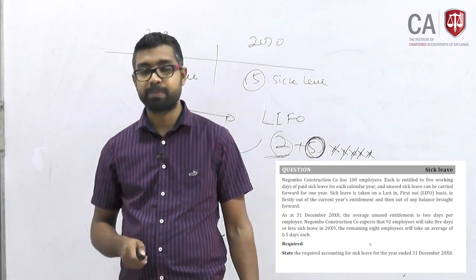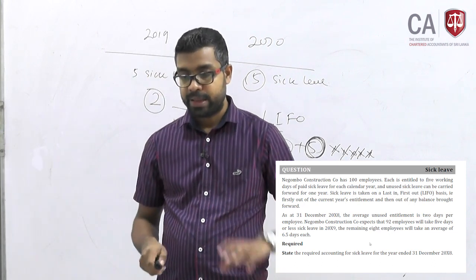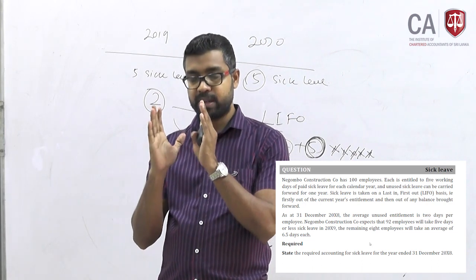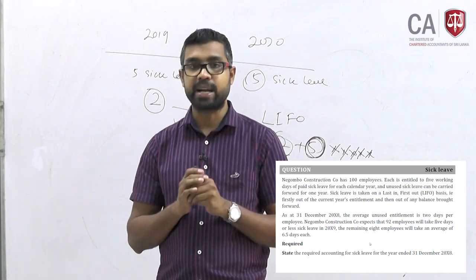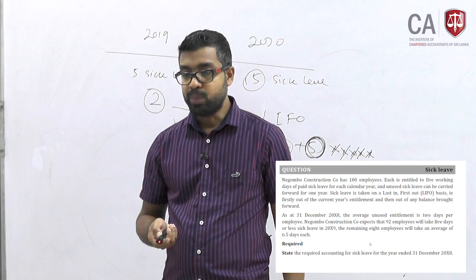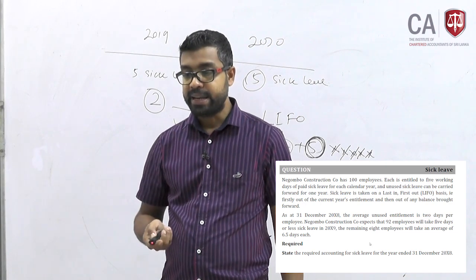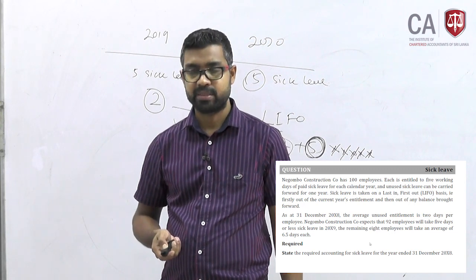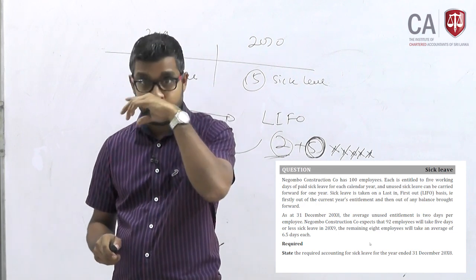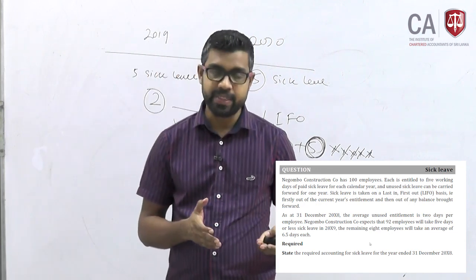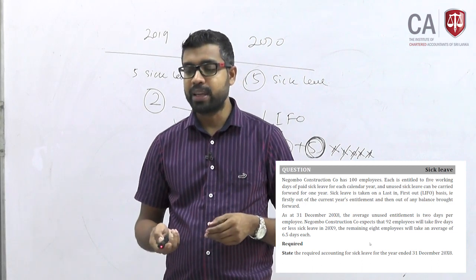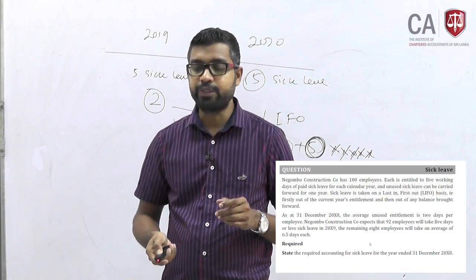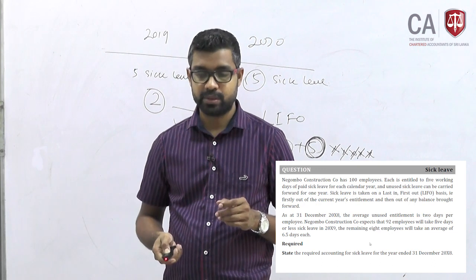Negombo Construction expects next year 92 employees will take 5 days of leave or less than that. If they take 5 days or less, the carried forward leaves will not be required. If you take more than 5, only then will the carried forward sick leaves be used.